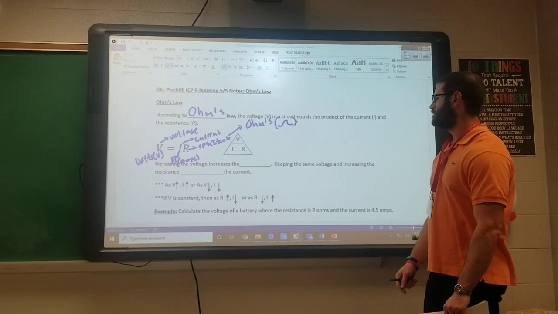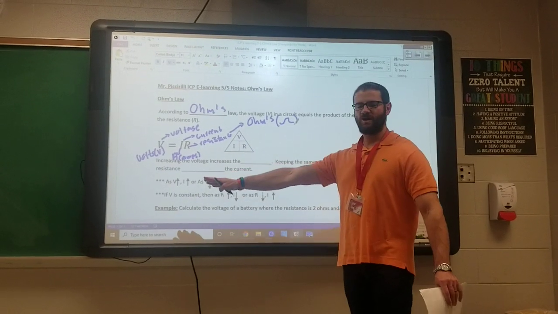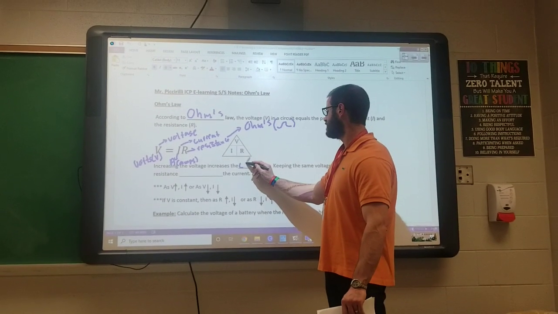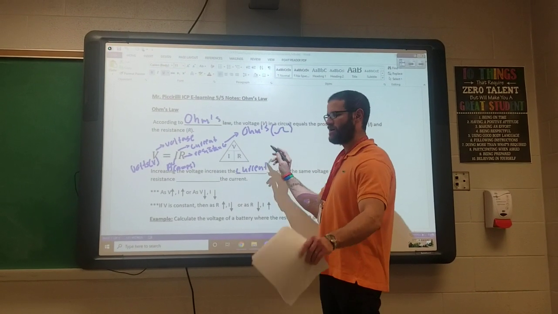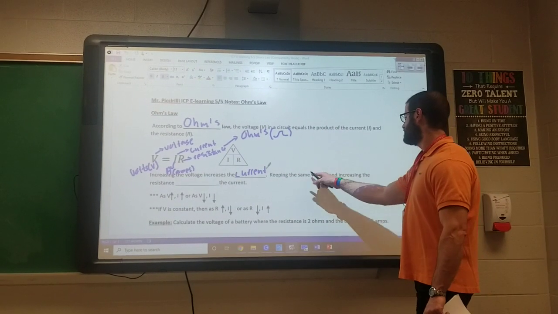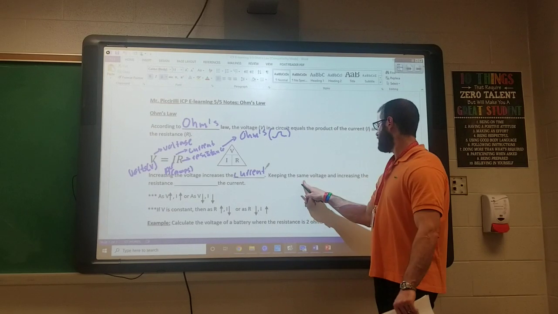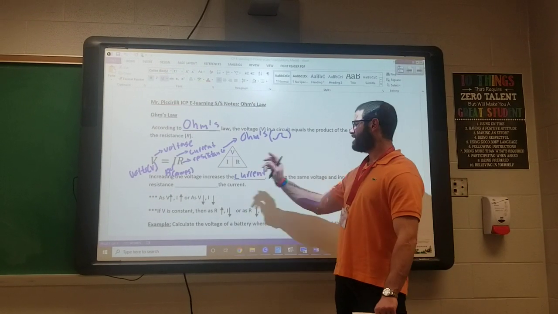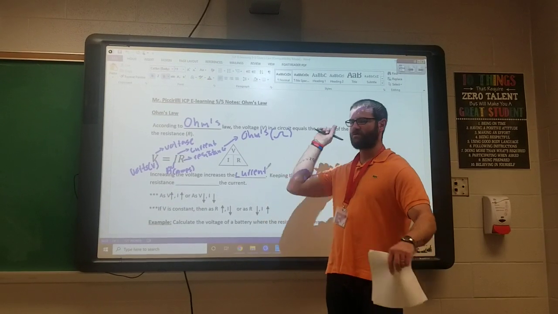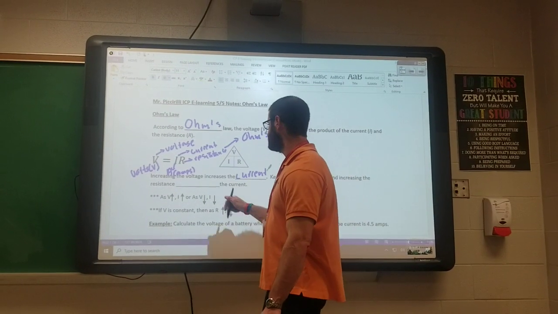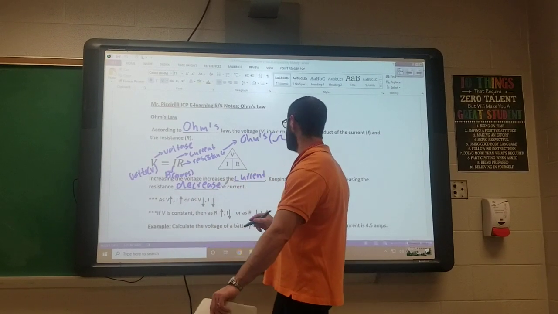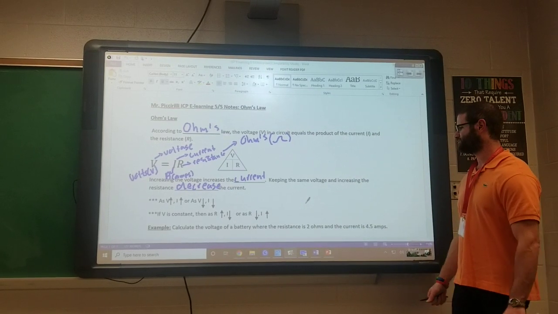So increasing the voltage increases the current, the amount of charge flowing through the system. If we keep the same voltage, however, and increase the resistance, we restrict the flow of charge, so this would decrease the amount of current that flows through the system.